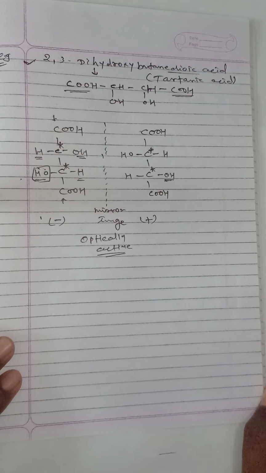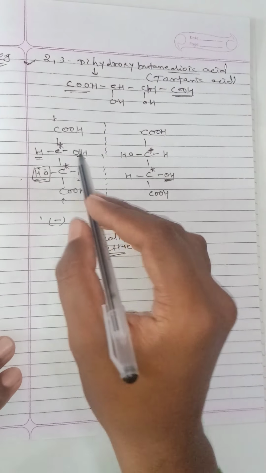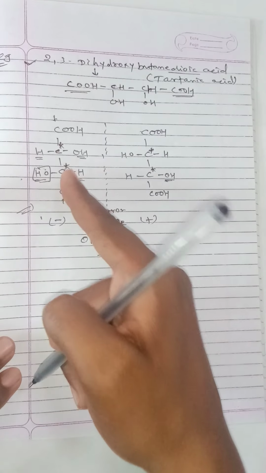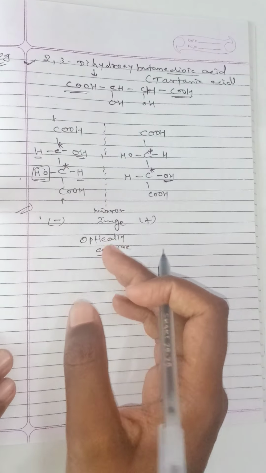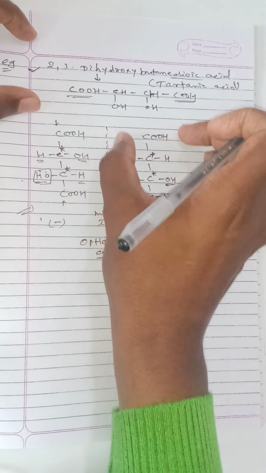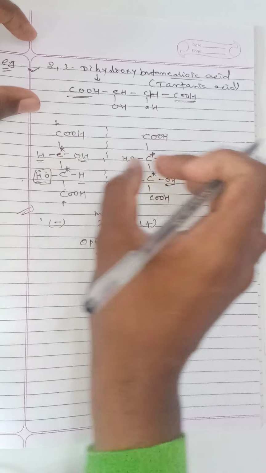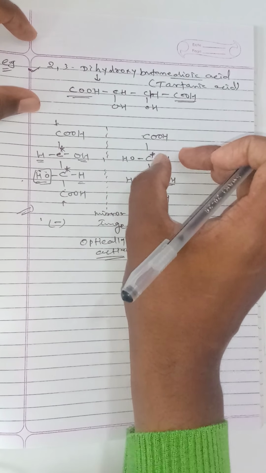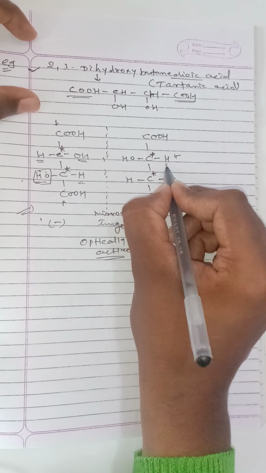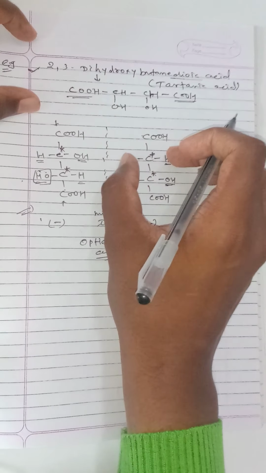Why? Because of their mirror images, and this structure is not superimposable on this structure. Let's have a look. Here this OH is not superimposed on this, because it is OH and here an H atom, so it is not superimposable.